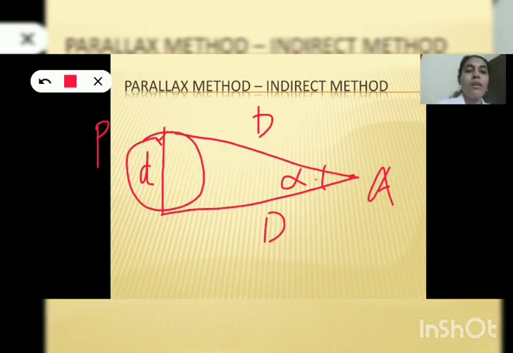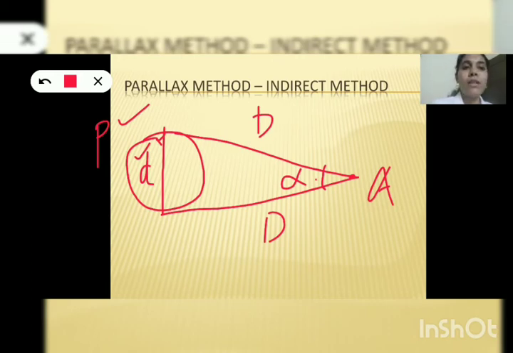Now see, using the same parallax method, you can easily estimate the diameter of a planet. So for that, consider the figure on the screen. Here, this represents a planet, and small d represents the diameter of the planet.